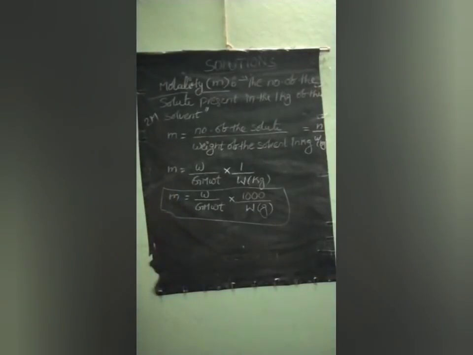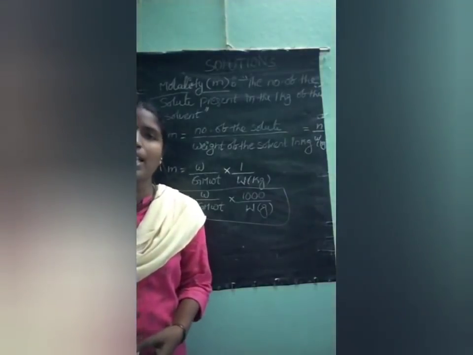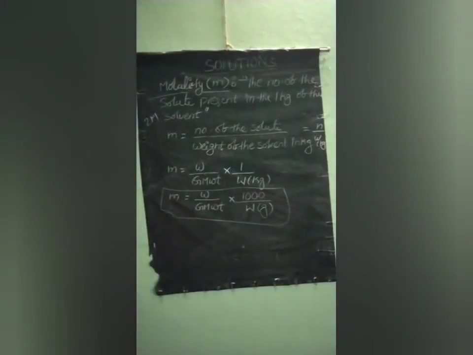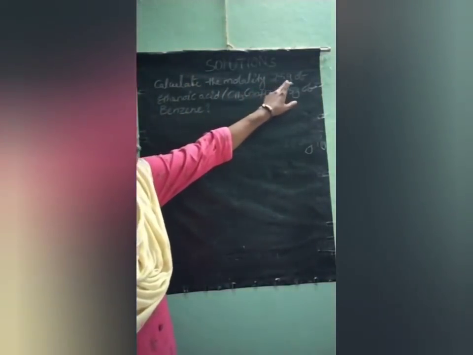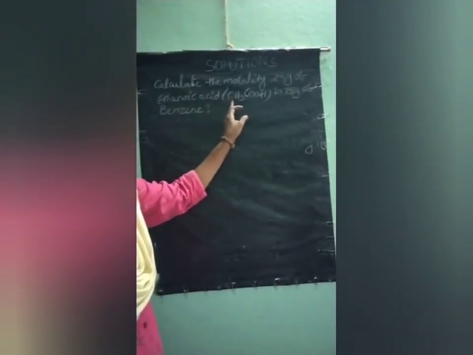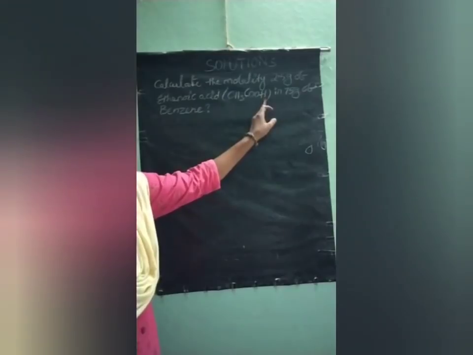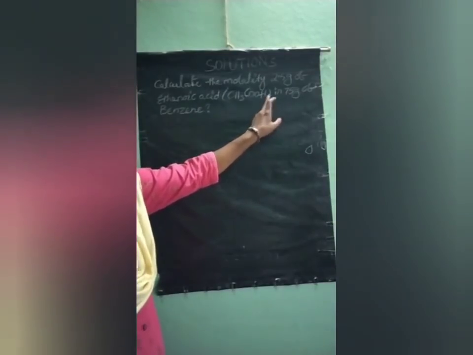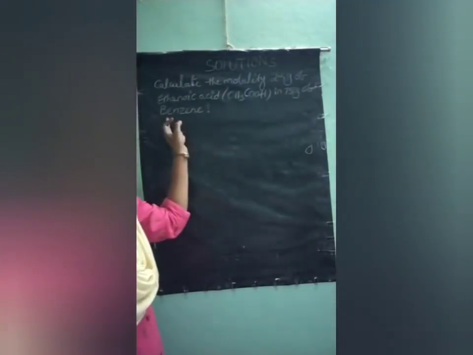And what is the problem present in the molality? How to calculate the molality based on the solution. So in molality, the first problem is: calculate the molality of 2.5 grams of ethanoic acid, the molecular formula of which is CH3COOH, simply called acetic acid, in 75 grams of benzene.